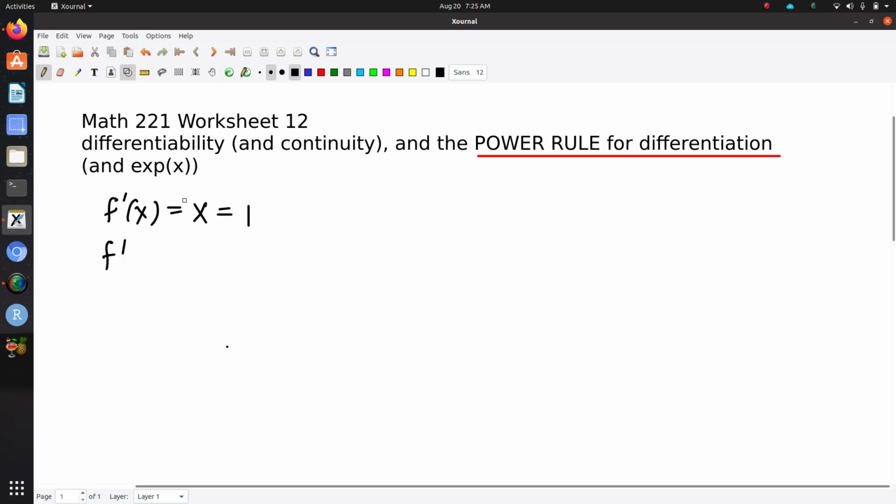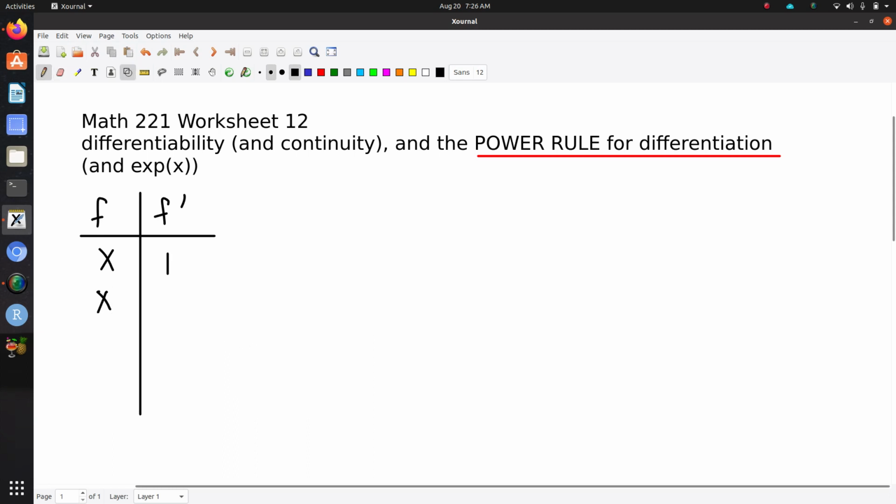I should do it like this, f prime. This would make way more sense. Okay, the derivative of x squared we found is 2x. The derivative of x cubed is 3x squared. And the derivative, well, I think we probably didn't go beyond that.